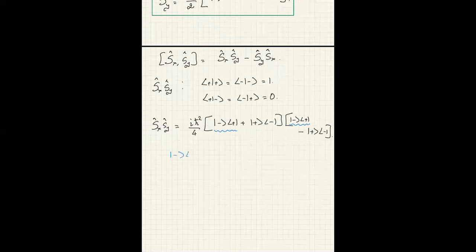I get minus, plus, minus, plus. Remember that the bra on the first wiggly line multiplies the ket of the second wiggly line. And the overlap of a bra and a ket is just a number. But this overlap, as we have discussed, is 0 because the overlap of plus and minus is 0. So this is equal to 0. Okay.